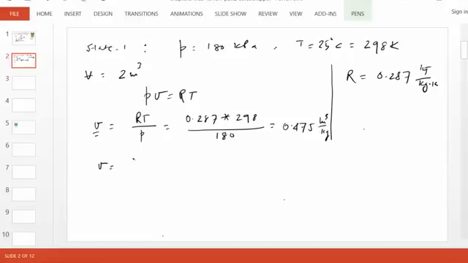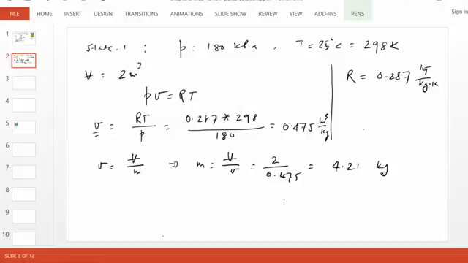Specific volume is what? Total volume by mass. So therefore, mass equals V over v, it turns out to be about 4.207. So we found the mass of the air that is trapped.